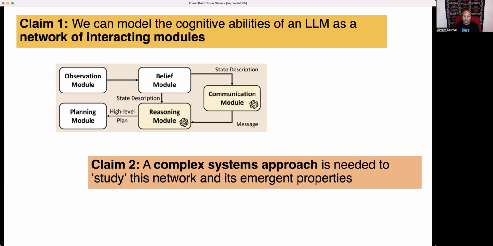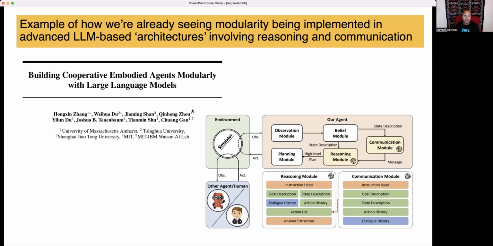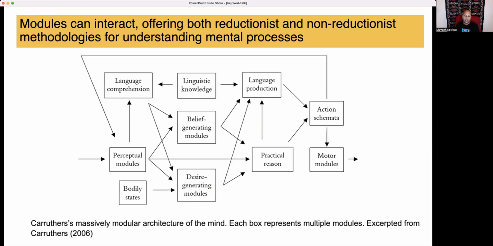And as the language models get bigger and more complex, we think that we will start to see it reflected in the complexity of the modules and how they interact. So this is really rather simple in a way, right? Compared to what you see here for the human mind. And even this is argued to be a little bit simple for mapping the modular structure of the human mind.